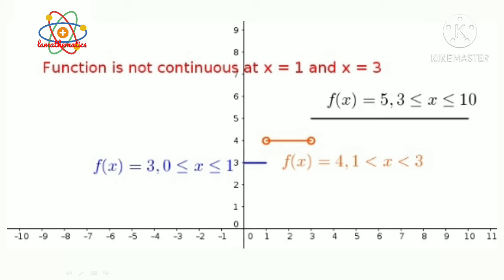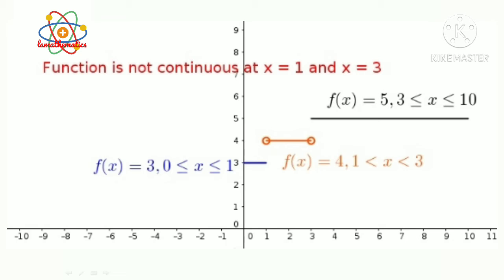Similarly, from 1 to 3, f of x equal to 4, a constant function which is continuous. From 3 to 10, f of x equal to 5, a constant function which is clearly continuous.